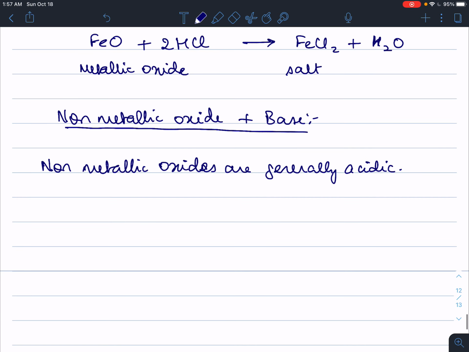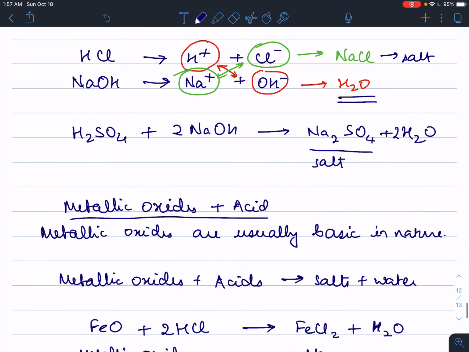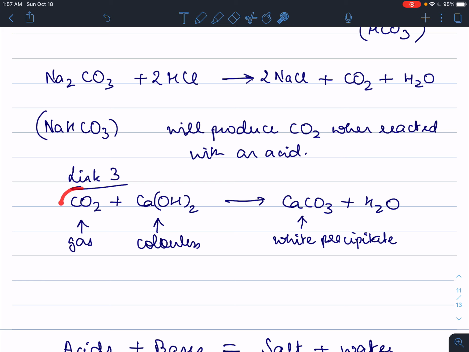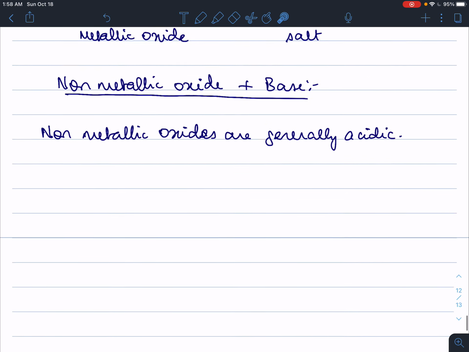So non-metallic oxide plus base will also give you salt and water. We just saw an example right here. Carbon dioxide is a non-metallic oxide because carbon is not a metal. Calcium hydroxide is a base. Calcium carbonate is a salt, and this is water.